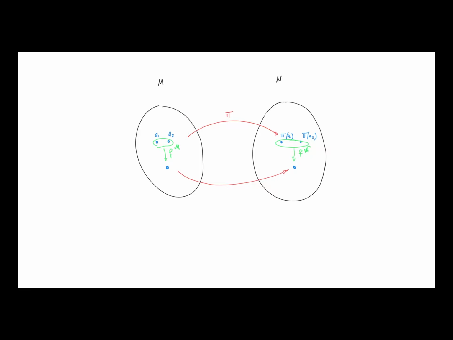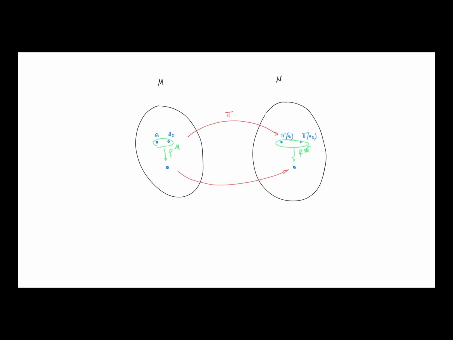So for functions, we obtain the following picture. Let's assume we have a binary function. A binary function will take two elements of the universe. Its interpretation in M will map this to another element in M, and the same thing happens on the N side.